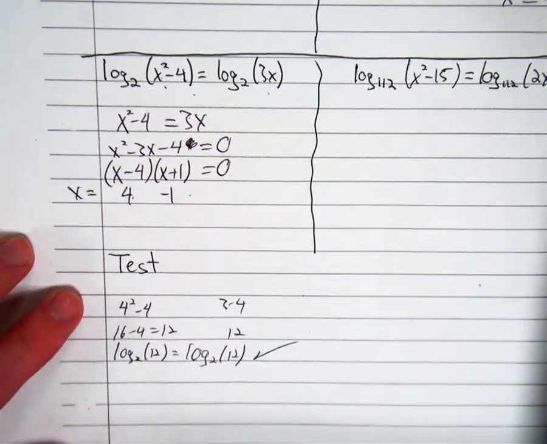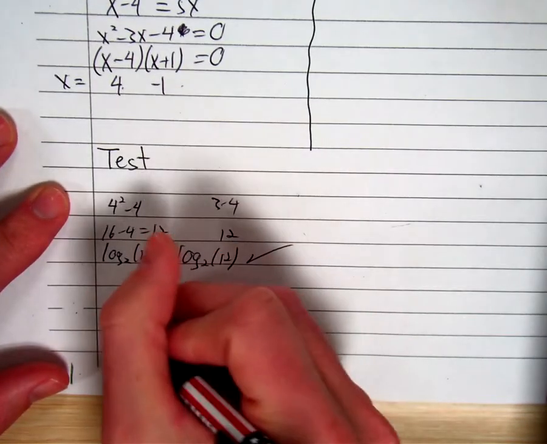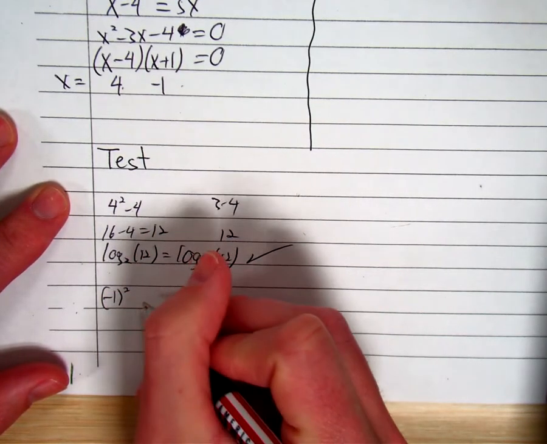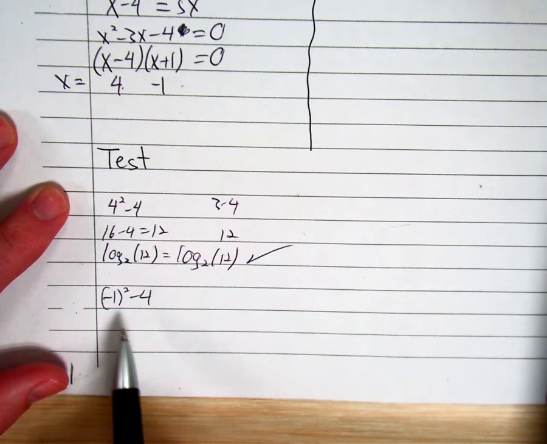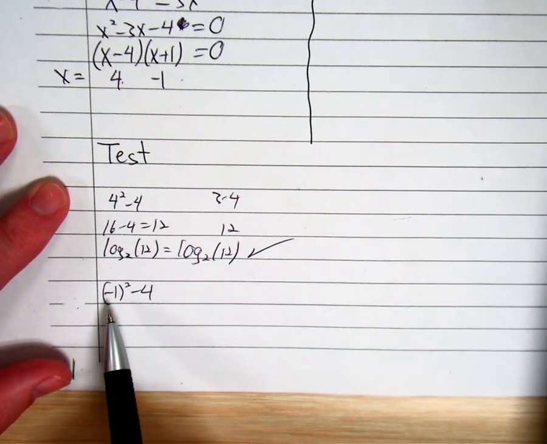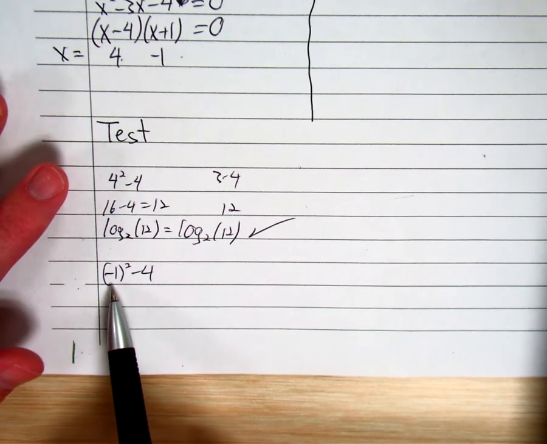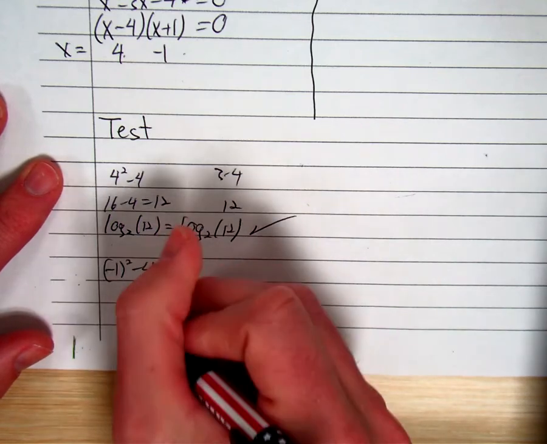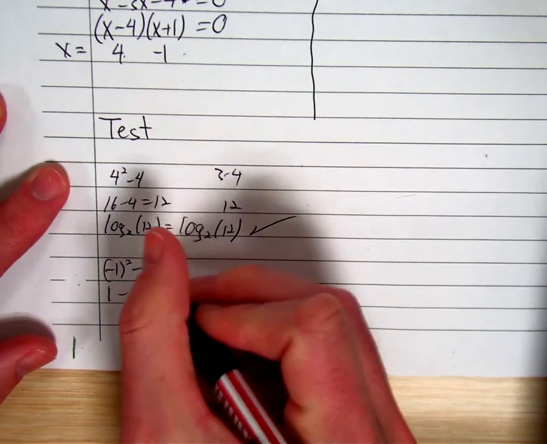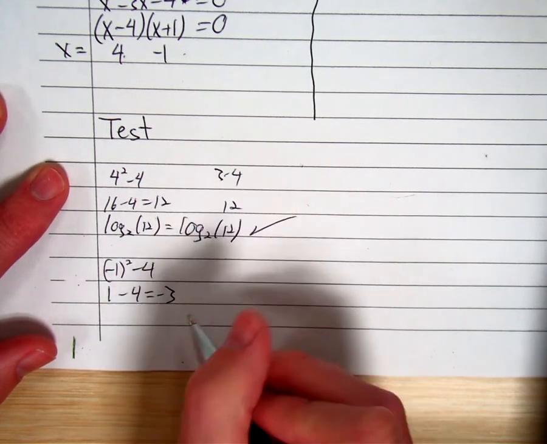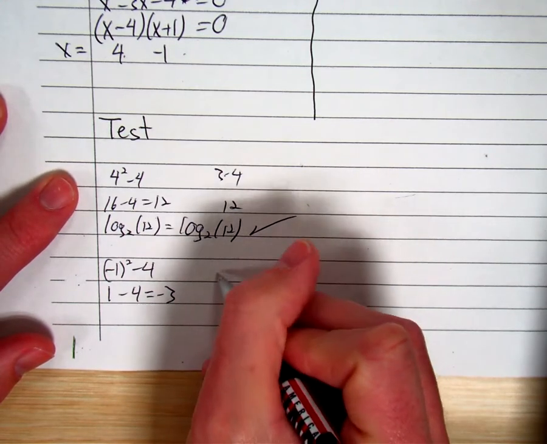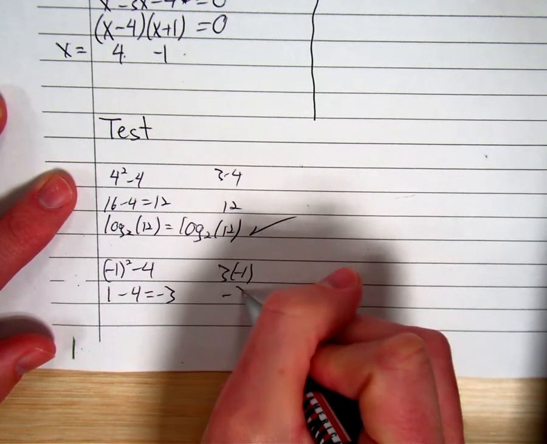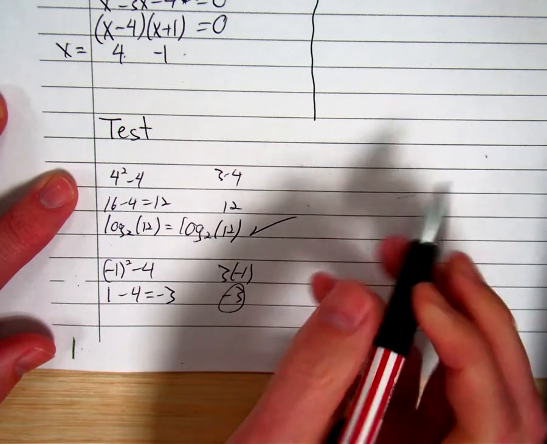That works. What about negative 1? Negative 1 squared minus 4. Be smarter than your calculator. When you're doing negatives squared, make sure we're using parentheses. That's going to be a positive 1. Minus 4 is negative 3. If I do 3 times a negative 1, I also get a negative 3.